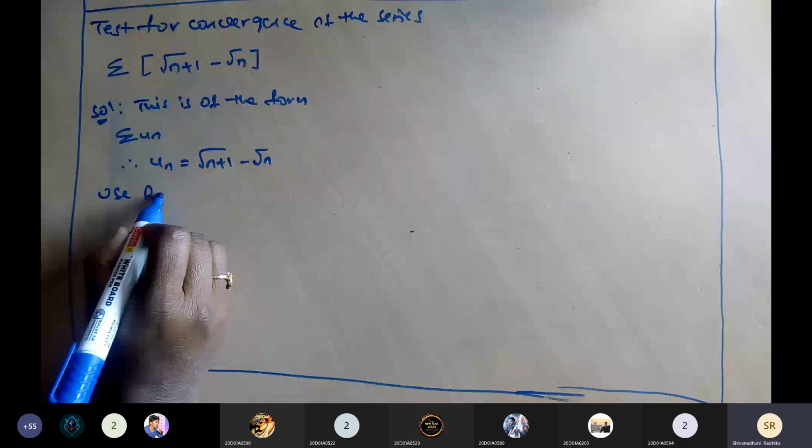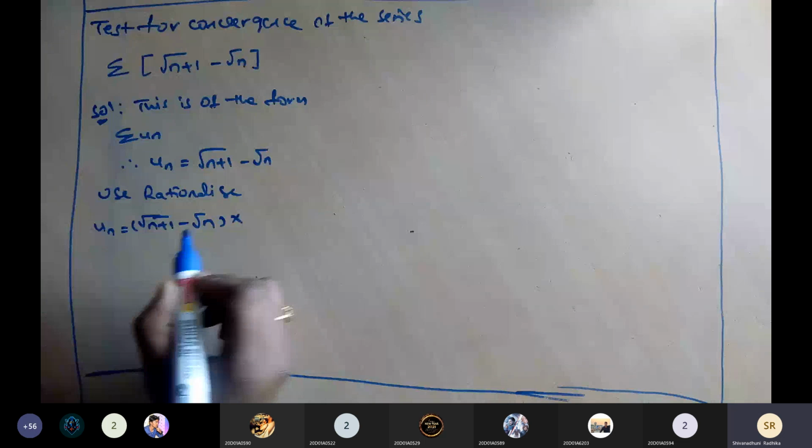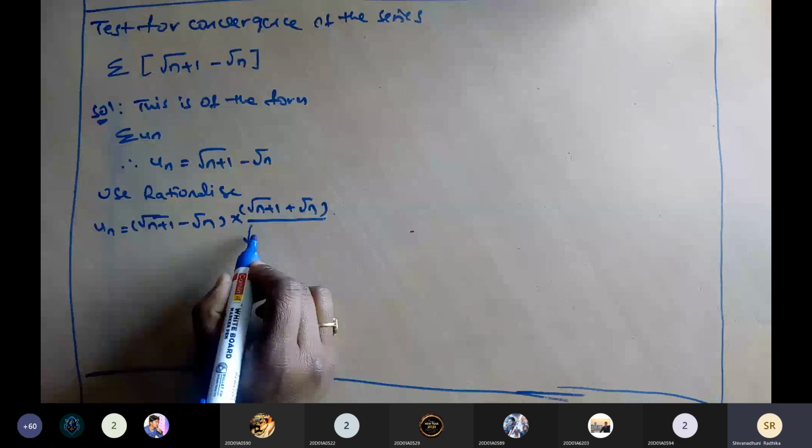What is un here? Under root of n plus 1 minus root n. Multiply by the opposite sign, so root n plus 1 plus root n, divided by root n plus 1 plus root n.